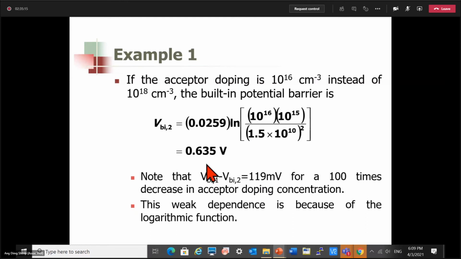In other words, one point we can learn is that for a given semiconductor such as silicon, the built-in potential is relatively fixed at about 0.7. No matter how you change the doping concentration, it is around 0.7. This weak dependence on the doping stems from the logarithmic function in the equation.